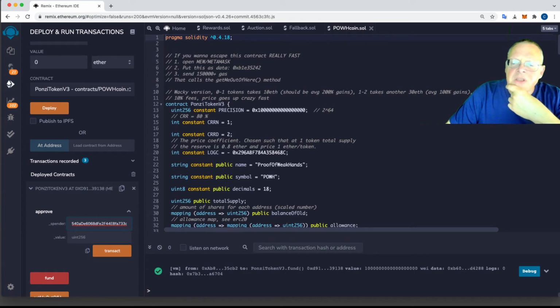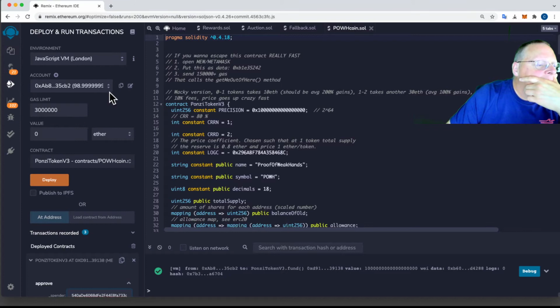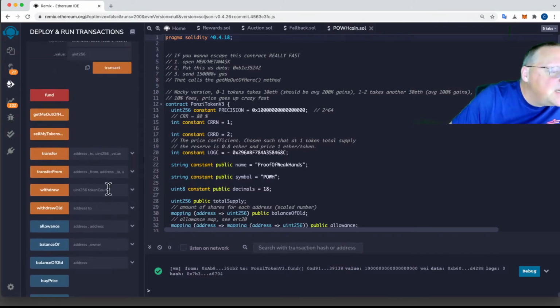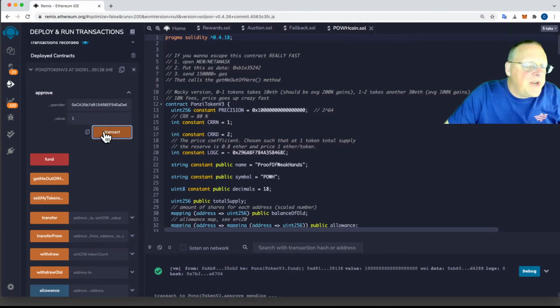Yep, copy the third account. Okay, it's CA3 in this case, fine. So I put in that address, and then the value is going to be 1. All right. Now I do a transaction, and the green box shows that it works.